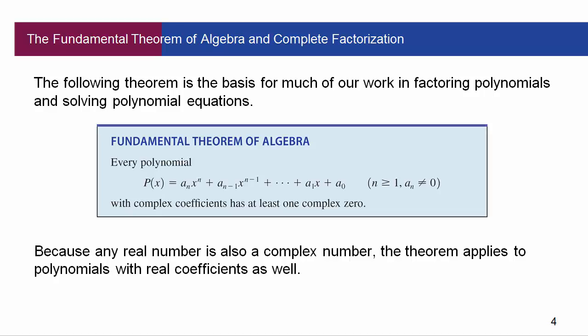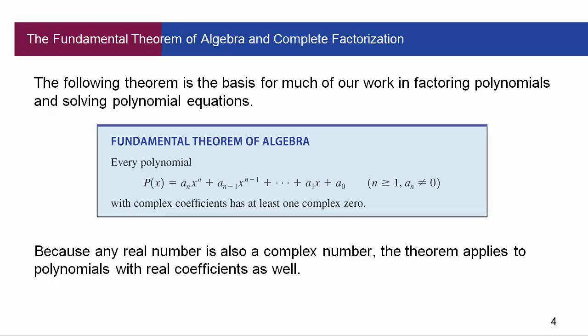So if you have a zero show up twice, so you have x plus 1 twice as a factor, x plus 1 times x plus 1 times a bunch of other stuff, then -1 shows up as a zero technically twice. It's got multiplicity 2.